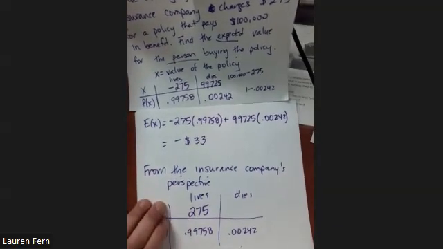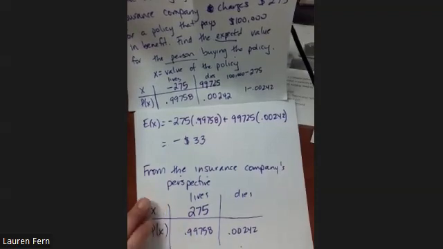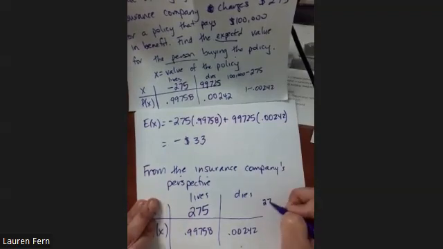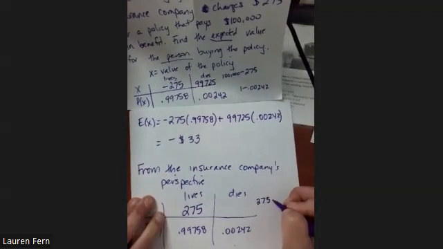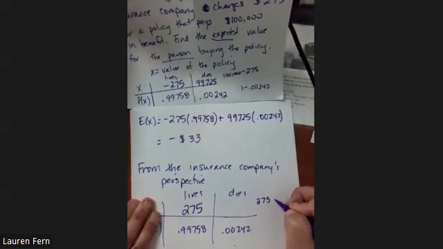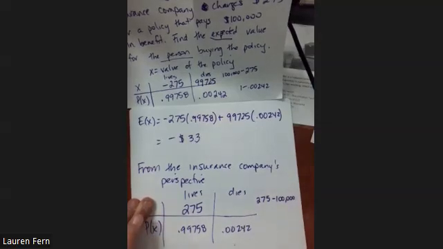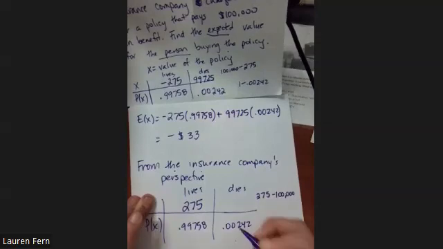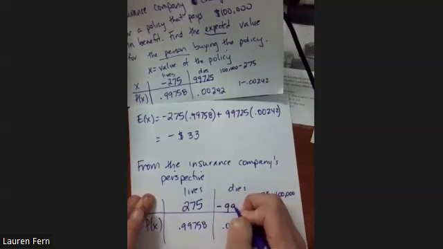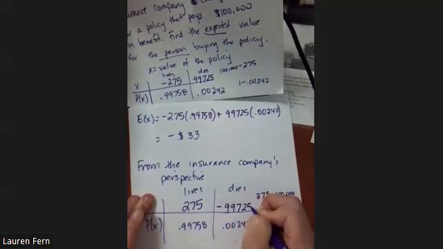Now, if the person dies, what happens? Well, they made $275, but now what do they have to do? Yeah, they got to pay out $100,000 to this family. So they're out $99,725.